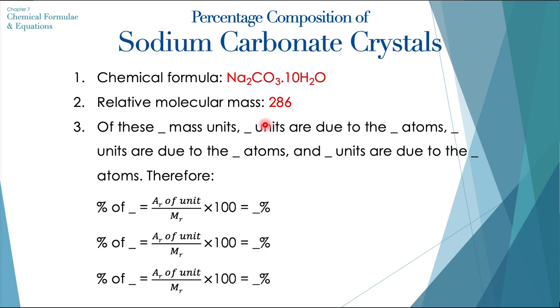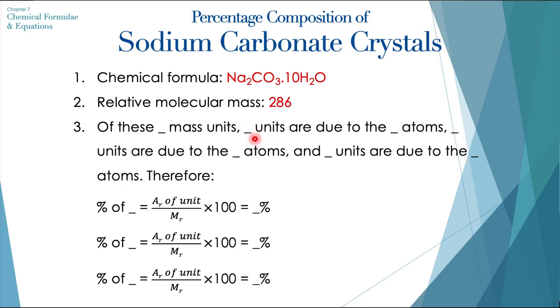Okay. Now, of these dash mass units, I just didn't write it over here because I assume you're going to find it yourself. So of these 286 mass units, dash units are due to the dash atoms, dash units are due to the dash atoms, and dash units are due to the dash atoms. Okay, sorry for this.